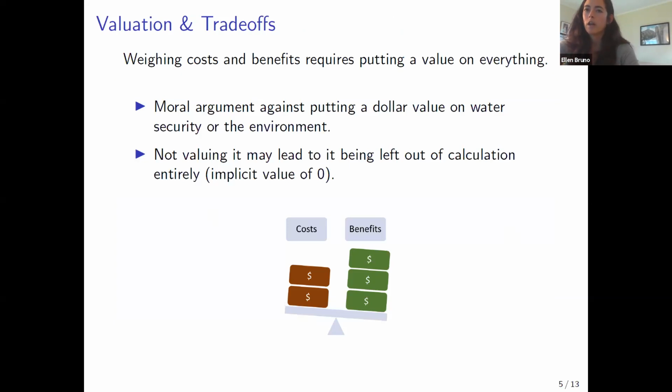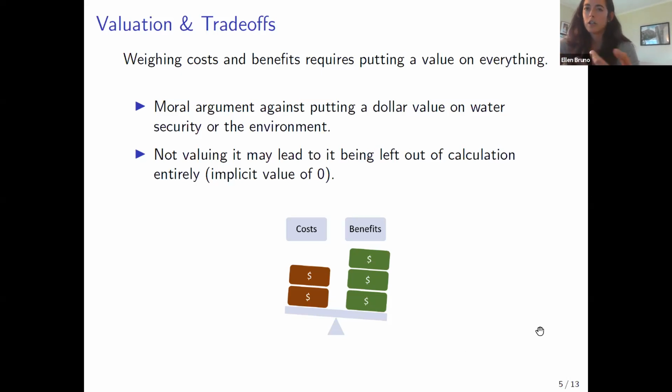But the fear with not assigning a dollar value to certain components is that they might be left out of the calculation altogether. And therefore, within this framework, that would implicitly give them a value of 0, which is obviously problematic.